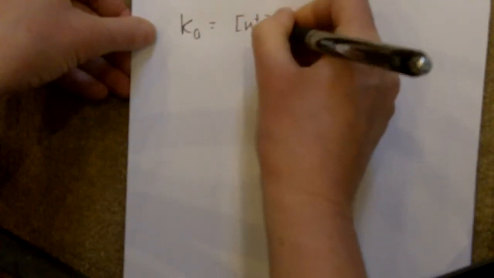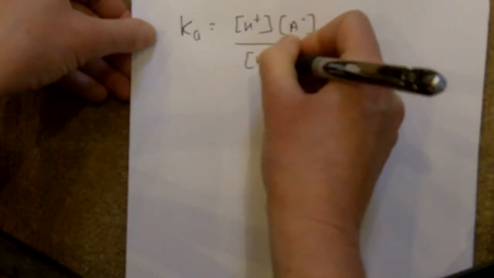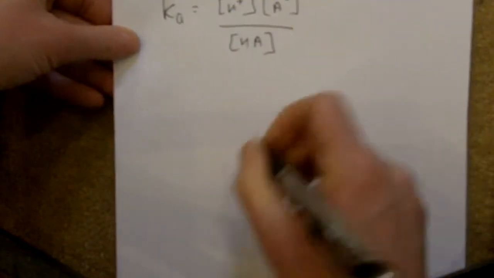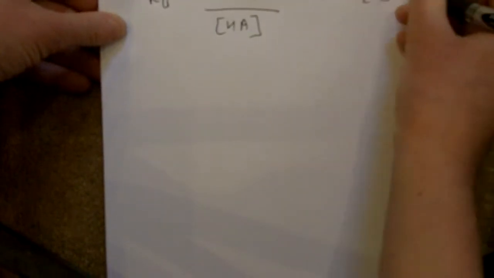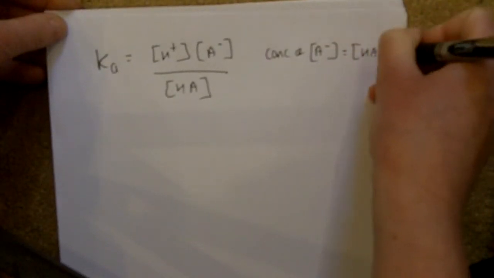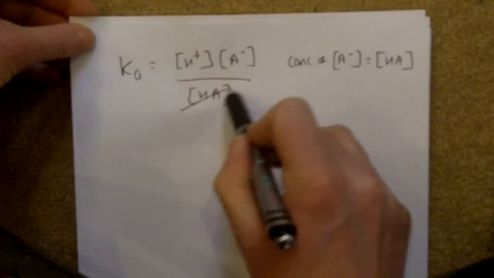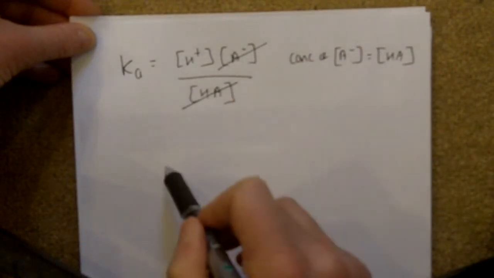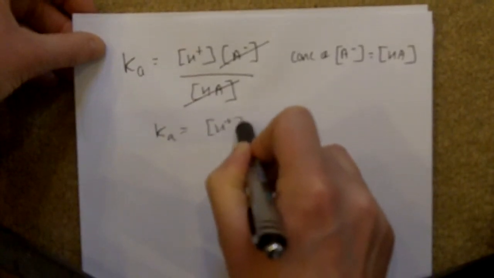Okay, another thing on this calculation point is, if we just go back to Ka. Ka is the right hand side, the products over the reactants. So if the concentration of the salt, the conjugate base, equals the concentration of the acid, then you could cancel them out because they're the same number, and that would mean Ka equals H plus.